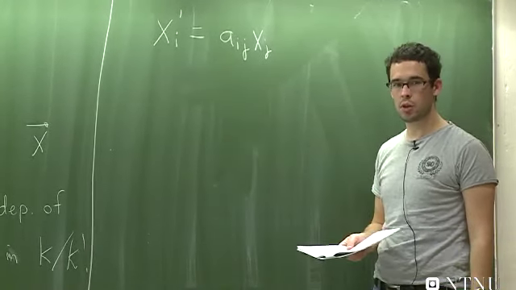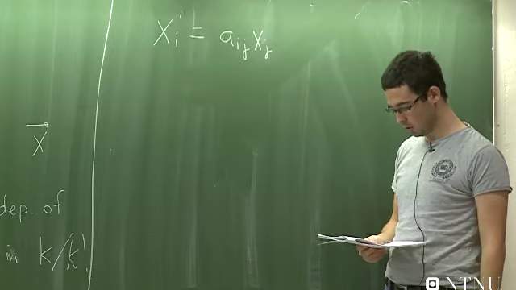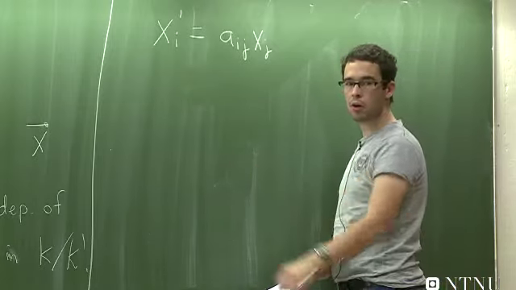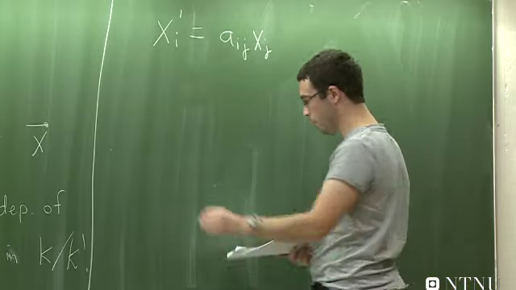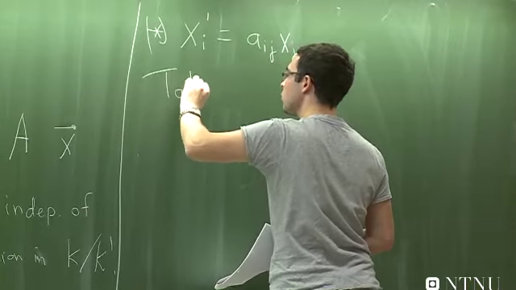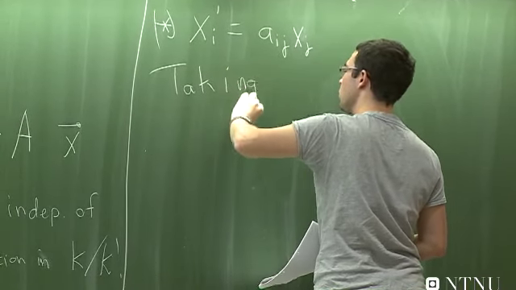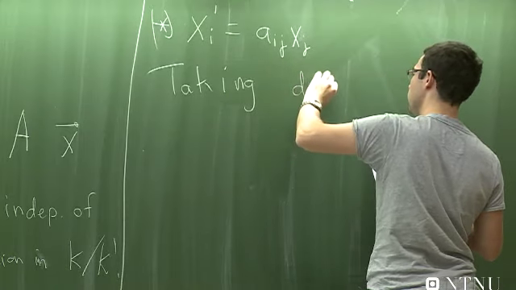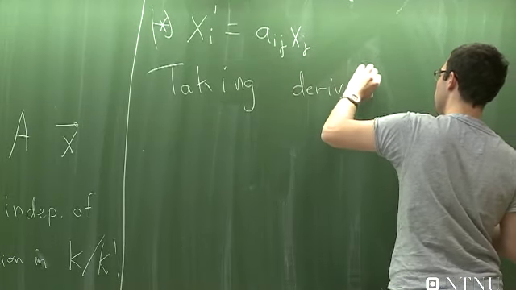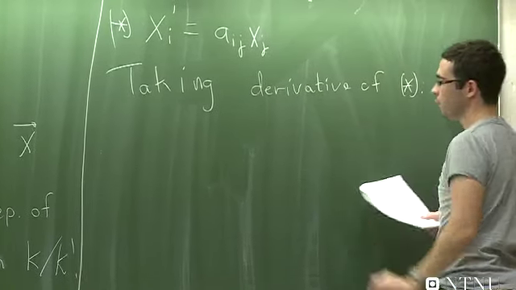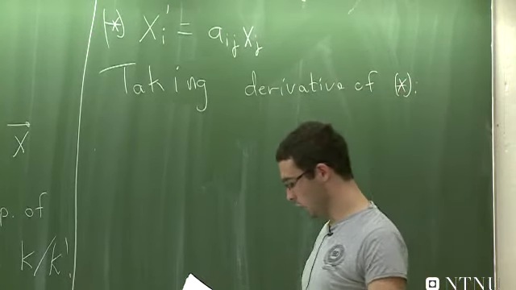And here, of course, I use the Einstein summation convention as always. And taking the derivative of this one, I can now figure out what's the a_ij. And the result is the following.